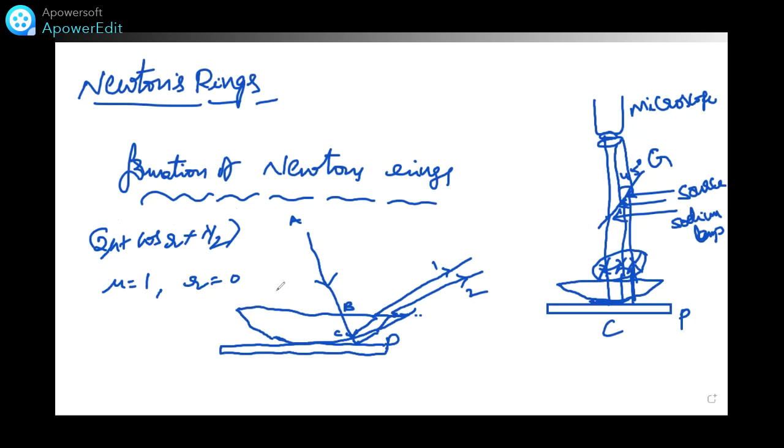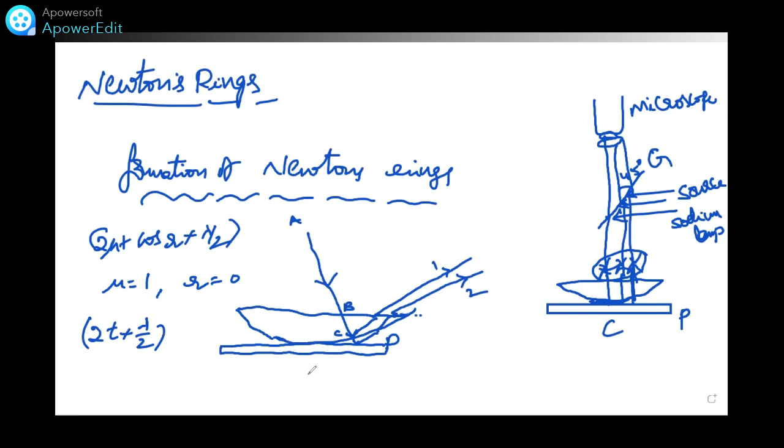For normal incidence, r is equal to 0. Hence with mu equal to 1 and r equal to 0, the path difference is 2t plus lambda by 2.